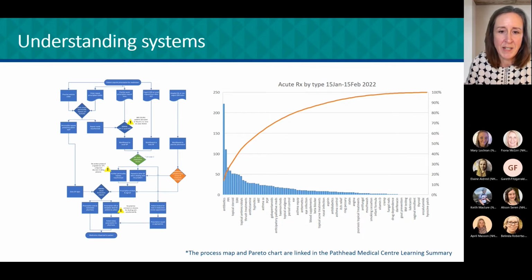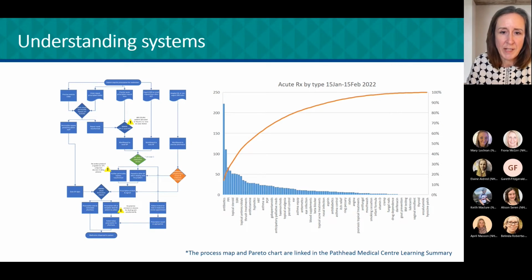So understanding in detail what your whole system is around acute prescriptions. And this is really, really helpful to identify the issues that you have. For us, you can see the hazard labels on the process map. It was around a lack of consistency in our admin processes and a lack of consistency in our GP decision making about how we handled acute prescriptions.